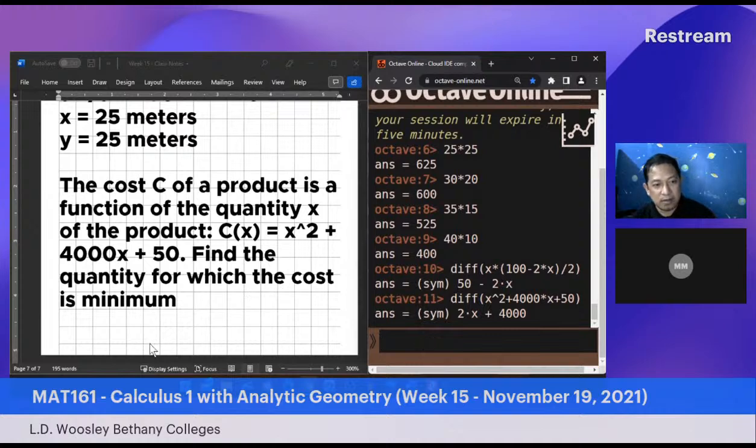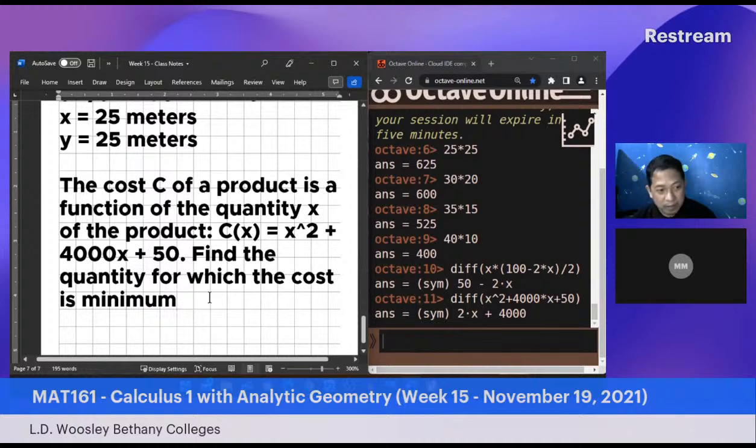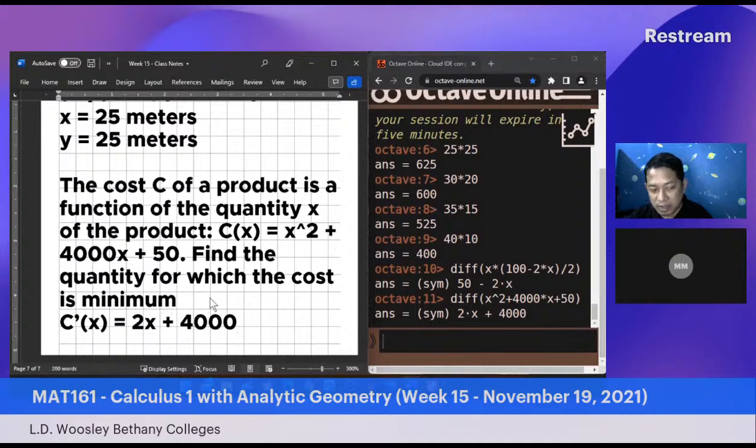Since you only have one variable, we could always solve for C prime of X, because that's the first derivative, which is equal to 2X plus 4,000. Then eventually we'll equate it to 0. Then you solve for X.